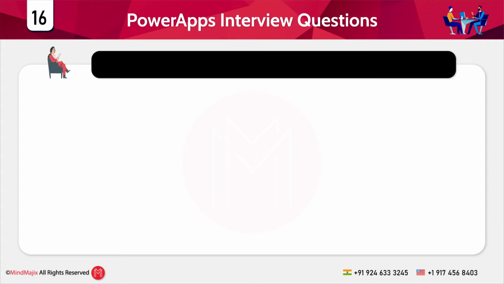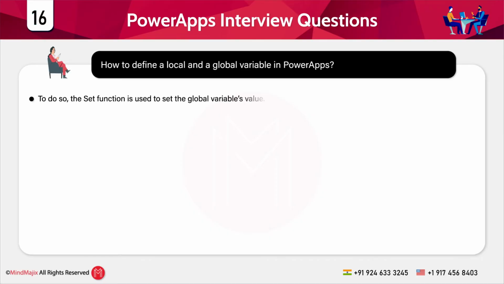Okay, so this is another very important question. So how do you define a local and a global variable in PowerApps? Okay, so to define a local and a global variable in PowerApps, you need to use the Set function. Okay, and what is the purpose of the Set function? So the Set function is used to set the global variable's value.